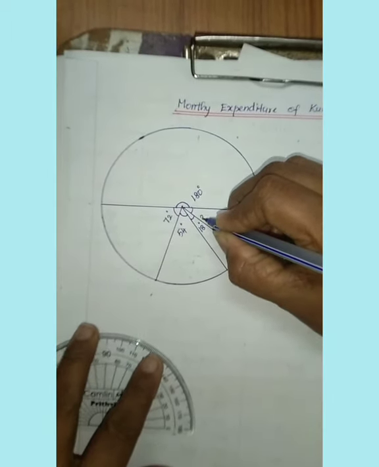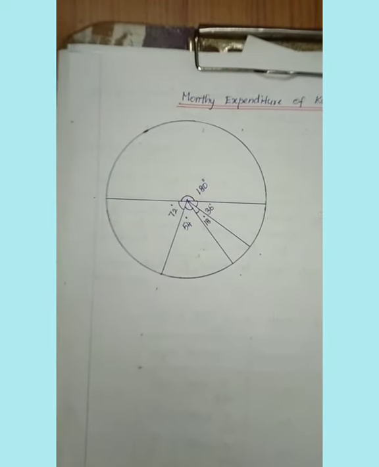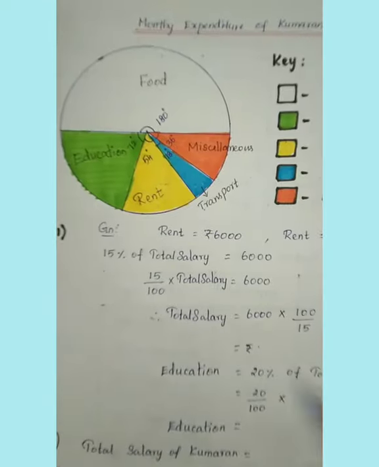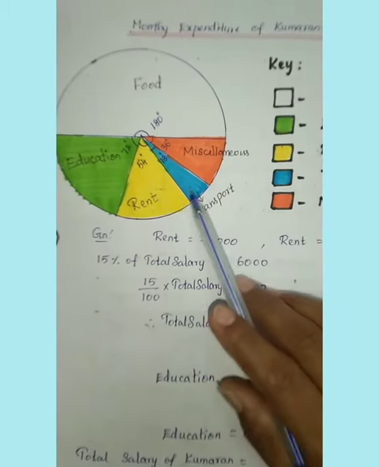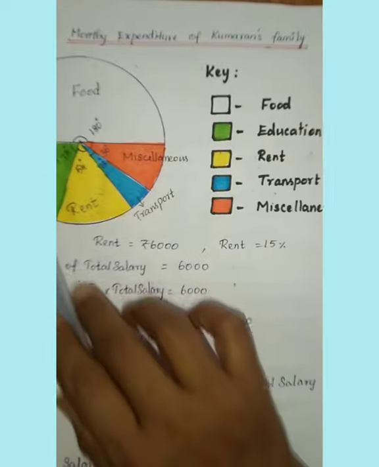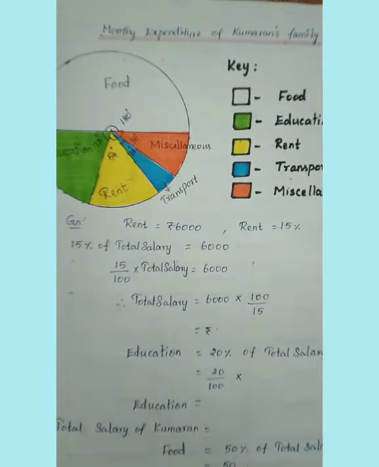So this will be 36 degree. After drawing a pie chart, we can differentiate with colors and write the key inside the circle, whatever we need. Everything you can write inside the diagram.